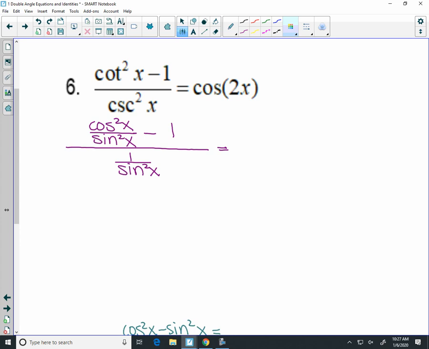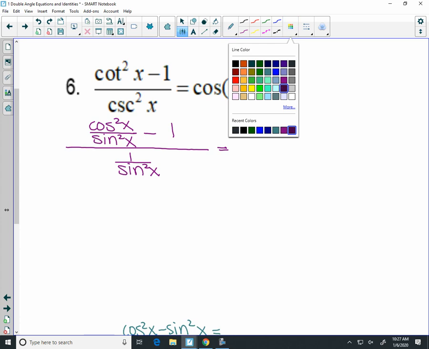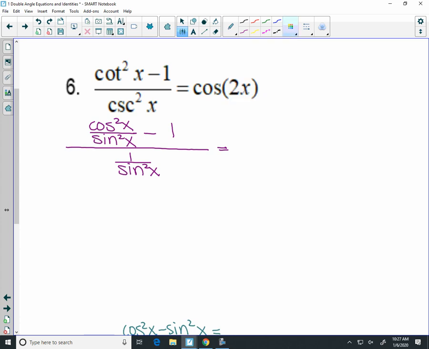Now, in the numerator, I can't flip the second and multiply until I have a single fraction up here. So what's my 1 going to turn into? Yeah, to get that common denominator, I need sine squared on top and sine squared on the bottom.